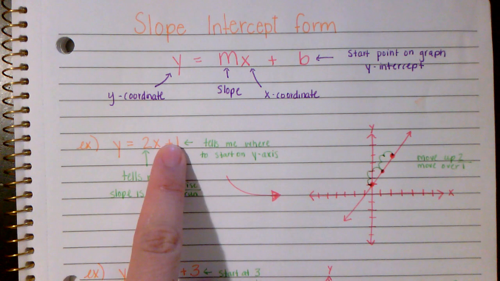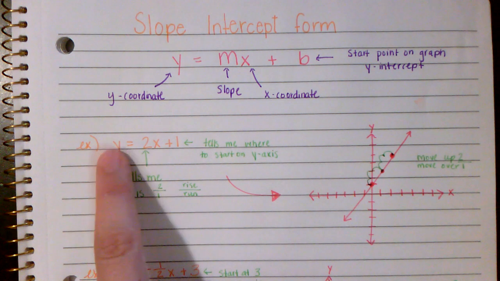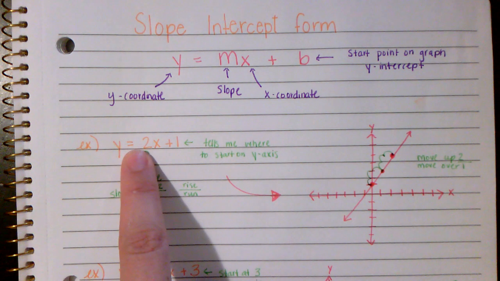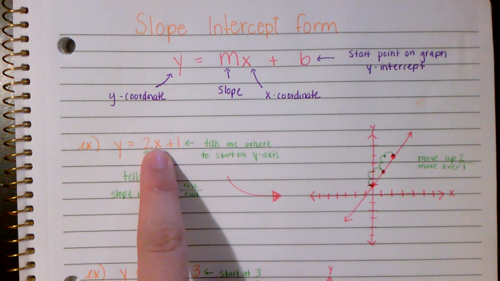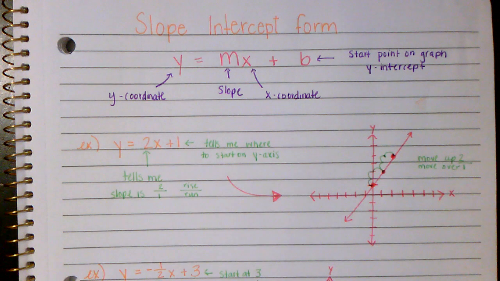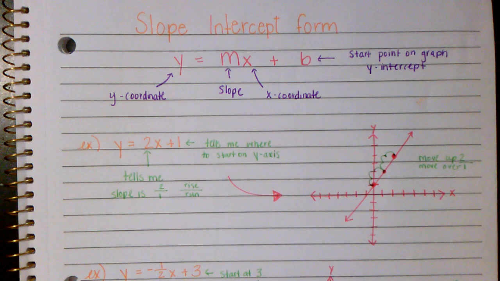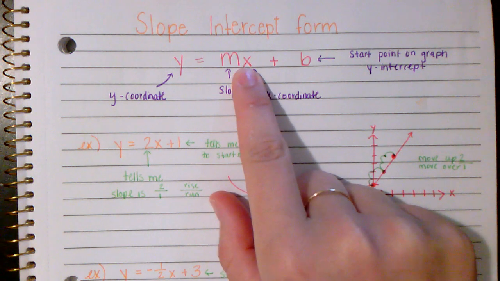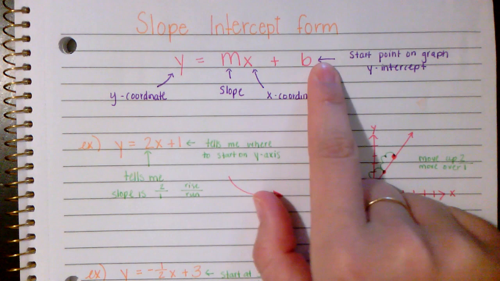That would just be a lot of numbers. You'll always have your y and your x there, and that lets you know that you're working with a function. Y equals, and then everything else. And as long as your x is stuck beside a number, you know that it's a linear function. This kind of gives it away. Your slope will always be stuck beside the x, like a coefficient, and then you'll have plus b.